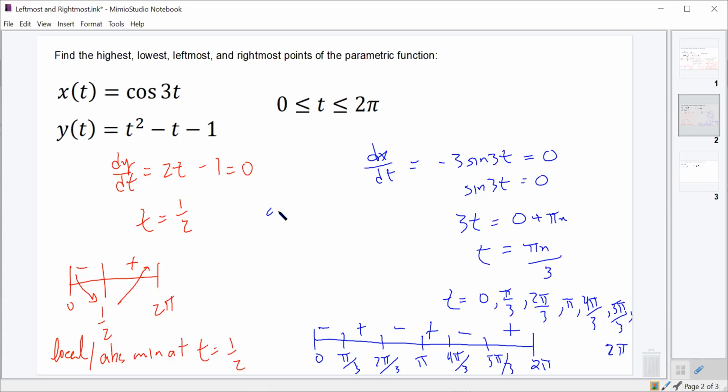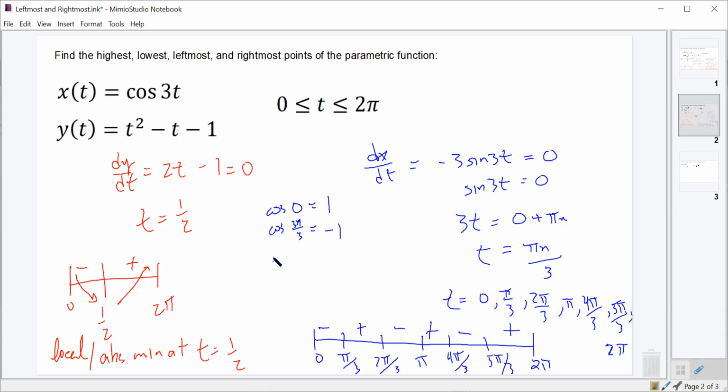So then we just need to figure out what's going on at each of these values. So what's the cosine of 0? What is the x value at 0? 1. What about the cosine of 3 pi over 3? That's the cosine of pi, which is -1.